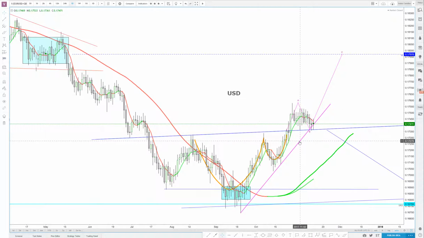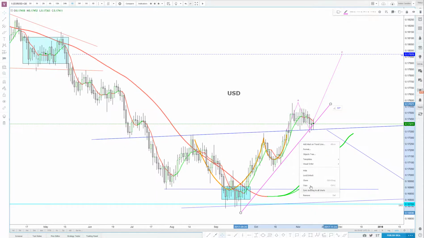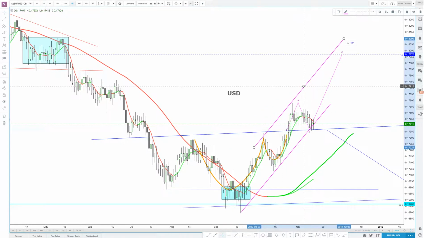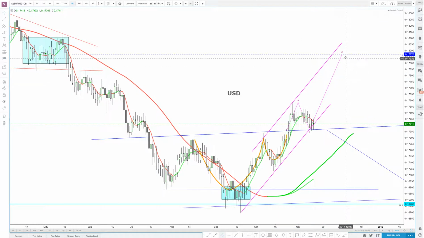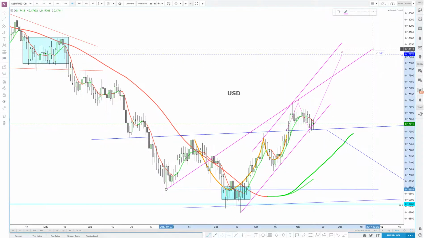USD to reach. So I'm gonna copy this, clone it, and I'm gonna apply it to right here. So the timings, yeah, I'm pretty sure we can reach that C level in a timely fashion. I'm also gonna do one of these like this. So this is gonna be our potential resistance line.